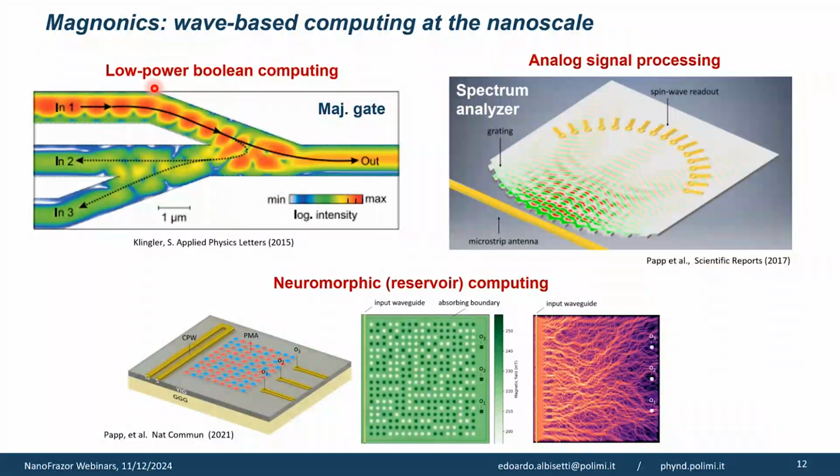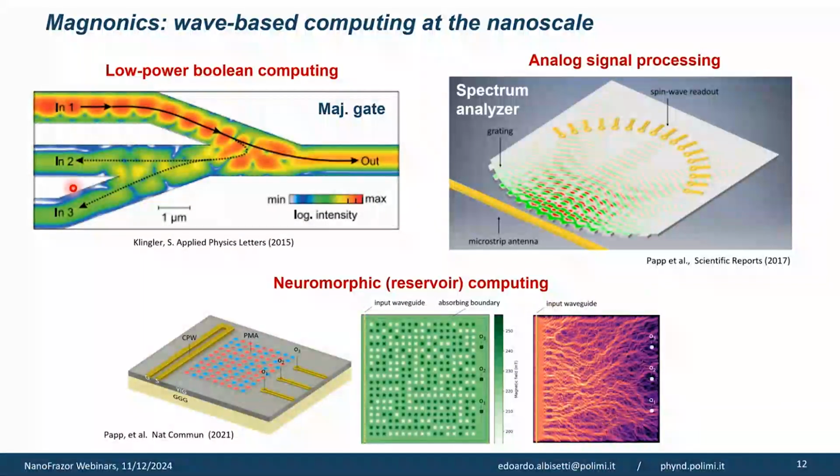So in this case, for example, you have a majority gate where you have 3 waveguides that meet at this point. You send spin waves in, and the output is 1 or 0 depending on the majority of the inputs. So in this case, for example, there's only one 1 and the other 2 are zeros, and so you get a 0 in the output.